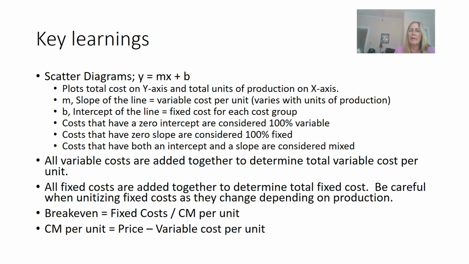Whereas if it has a b value or an intercept value, that b value is the fixed cost that's embedded in that cost equation. And then the m value is the slope, so the change in the total cost relative to units. So that m is actually your variable cost per unit. Notice even the equation for a straight line doesn't unitize the fixed cost, but it does unitize the variable cost. M is the variable cost per unit. B is a total fixed cost, not unit fixed cost, total fixed cost.